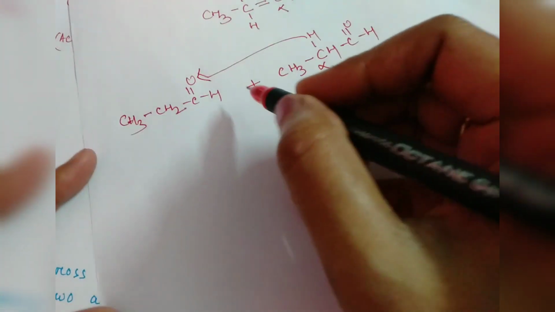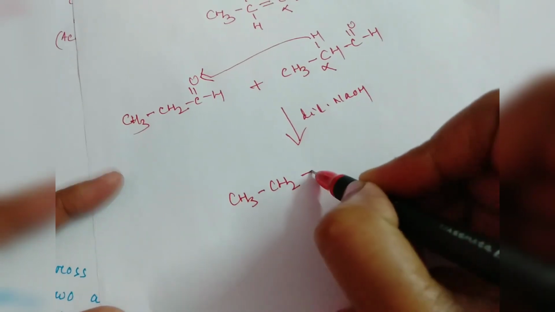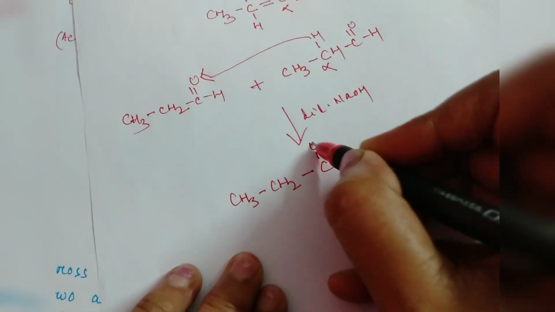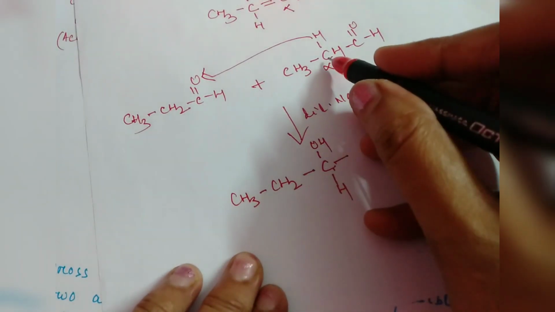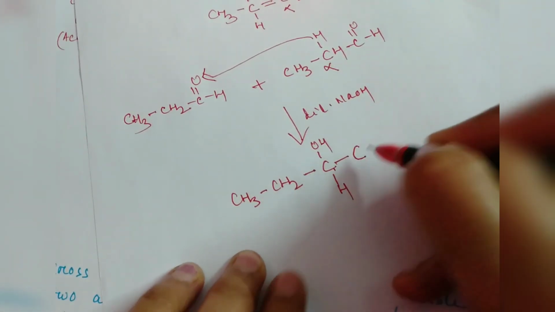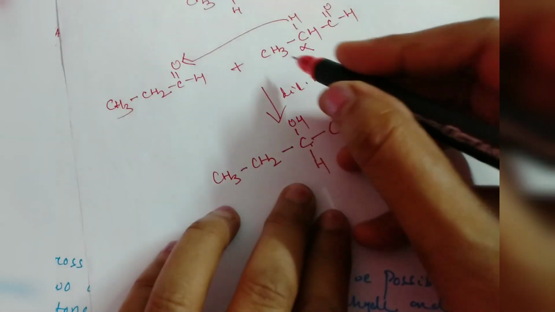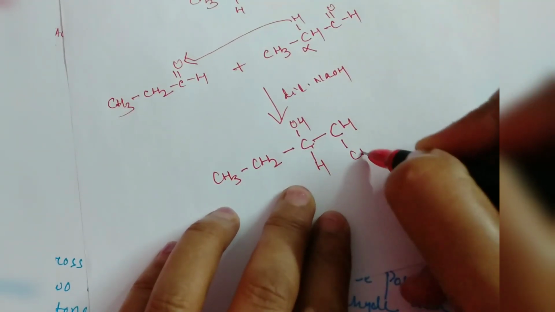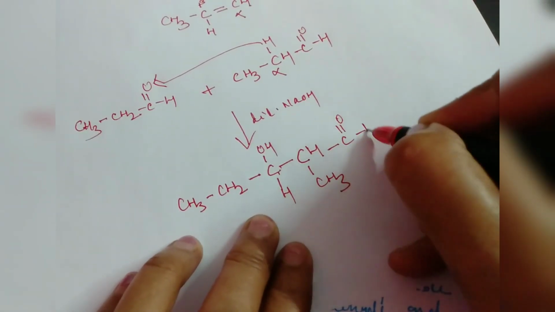So what will be your product? CH3 CH2 single bond CHOH, here it is H, and this carbon will attach to this position, and it becomes CH. Here the CH3 which is attached, and this is C double bond OH.